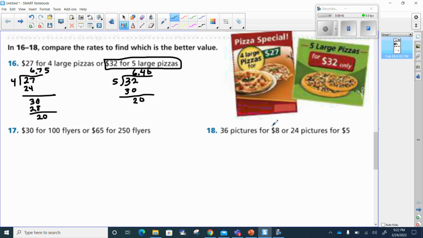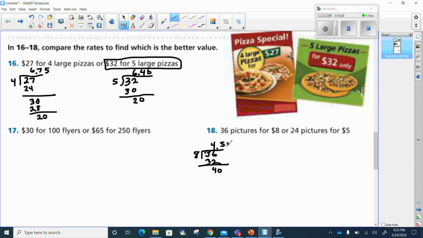Number 18, 36 pictures for $8. Well, that's 36 pictures for $8. Let's see, then how much would I get for $1? Well, 36 divided by 8 is, I know 32 goes in 4 times. There's 4 left over. When I add the 0, that's going to be 4.5.